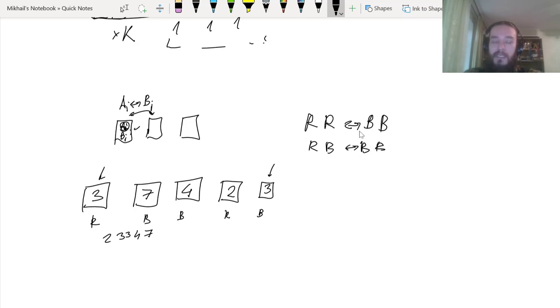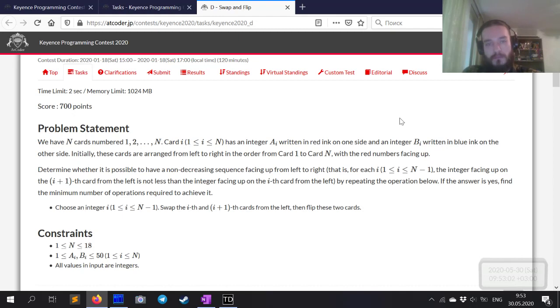You can see that in either case, the parity of the blue cards is preserved. It's either the same number or it's changed by 2. So that's the other observation.